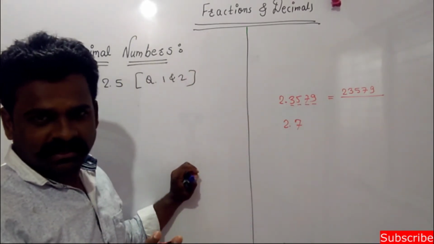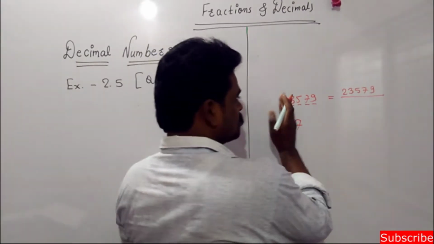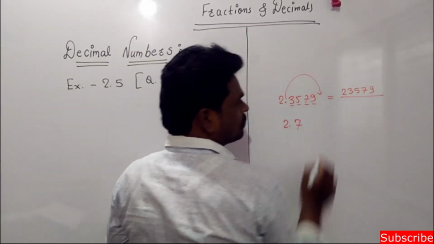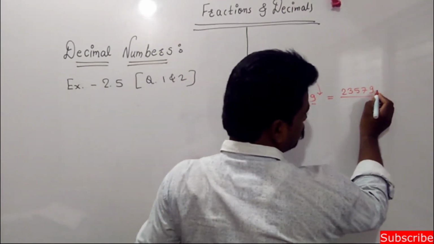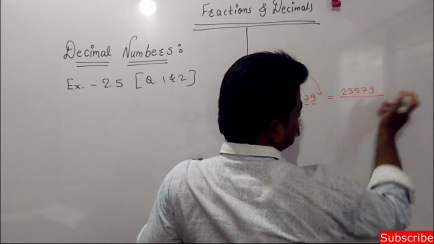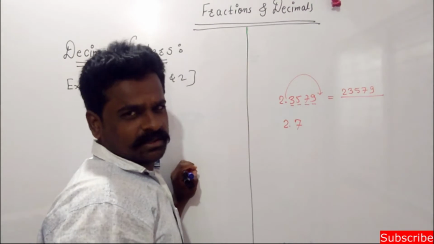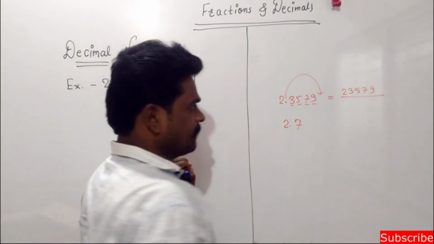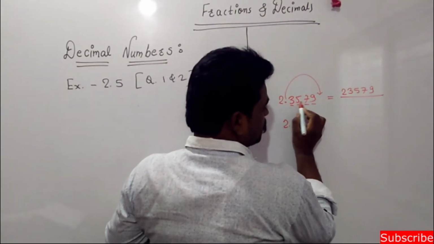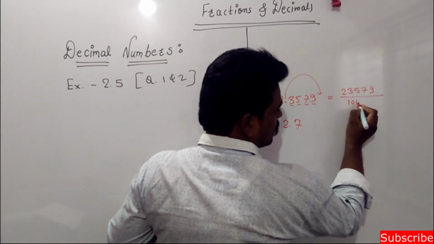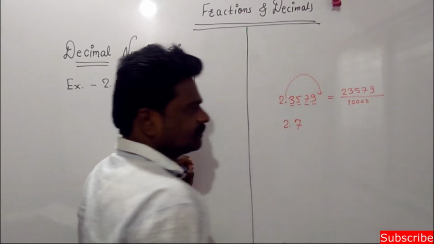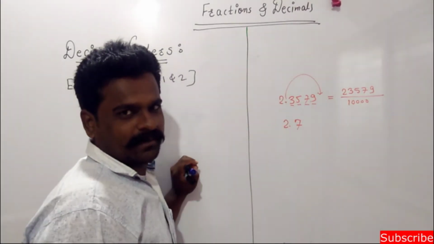So 4 digits. There is no need to write a decimal point after the last digit. So I have shifted it by 4 digits, so I'll add 4 zeros on 1.